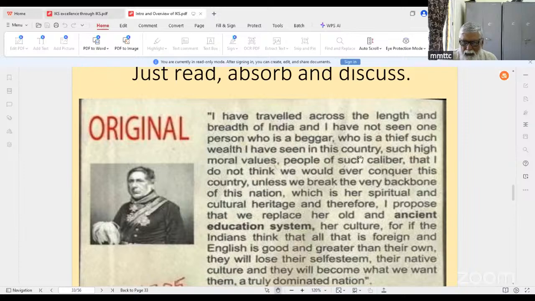Such wealth I have seen in this country, such high moral values, people of such caliber that I do not think we would ever conquer this country unless we break the very backbone of this nation, which is her spiritual and cultural heritage. And therefore, I propose that we replace her old and ancient education system, her culture. For if the Indians think all that is foreign and English is good and greater than their own, they will lose their self-esteem, their native culture, and they will become what we want them, a truly dominated nation."